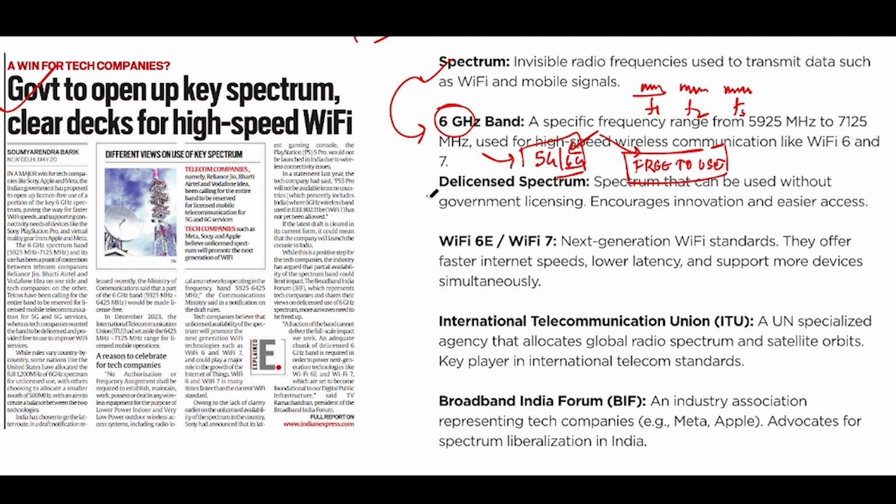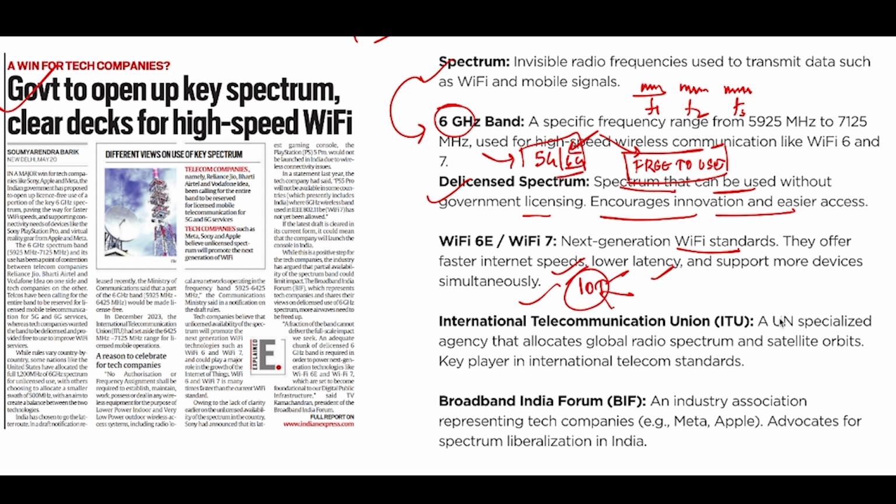And that is what delicensed spectrum means. A spectrum that can be used without government licensing. It encourages innovation and easier access, which will be used for Wi-Fi 6E and Wi-Fi 7, which are Wi-Fi standards. They offer faster internet speeds, lower latency, and support more devices simultaneously, which is required for Internet of Things, where all the appliances at your home will be connected with internet operable through your mobile phones.